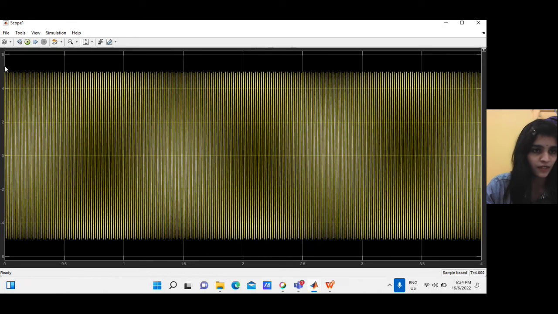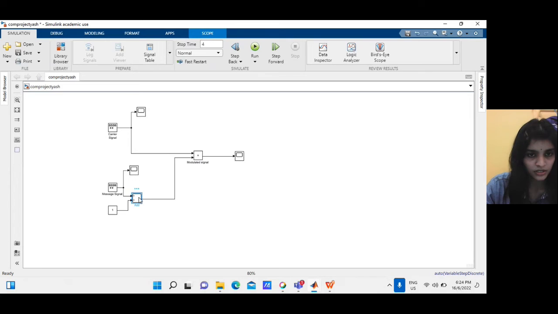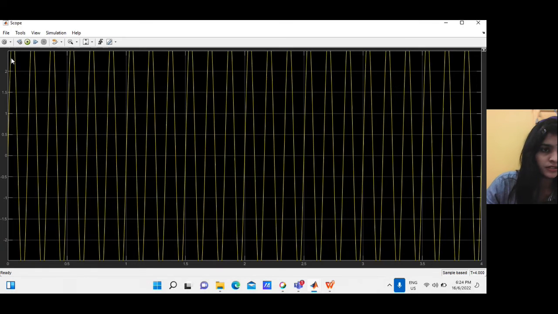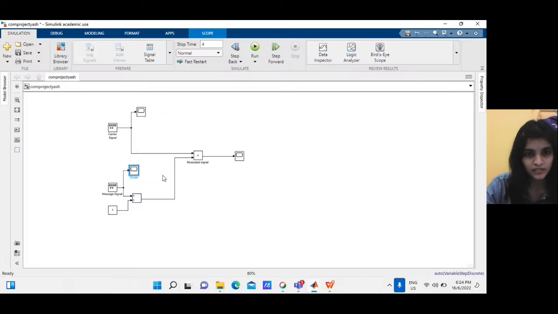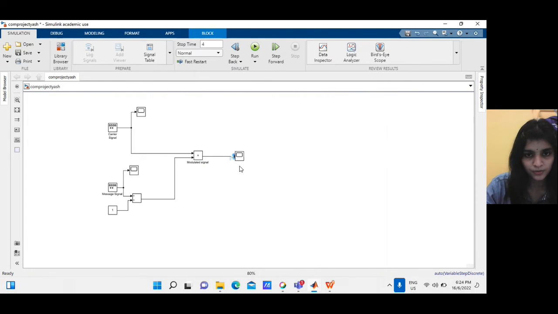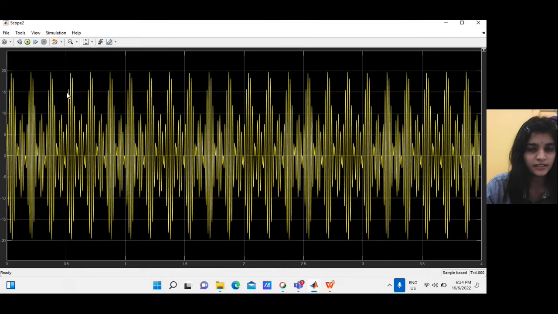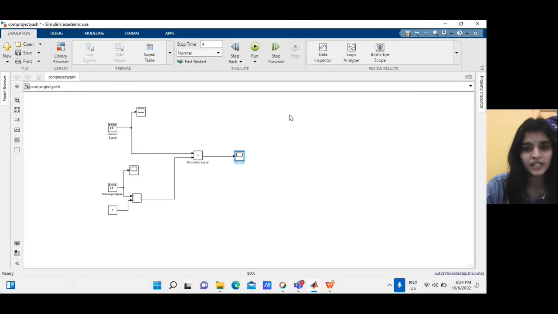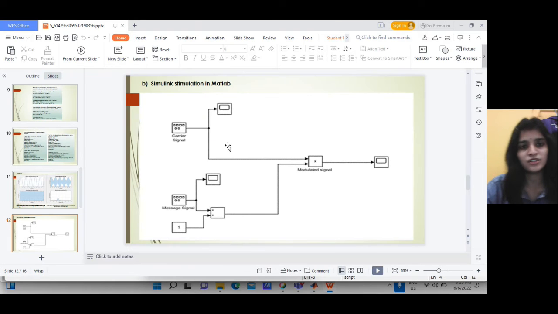It shows that the amplitude is 5 V. This one will be the 3, for the message signal. This is the scope. Okay, this is the modulating signal. So that's all from me.